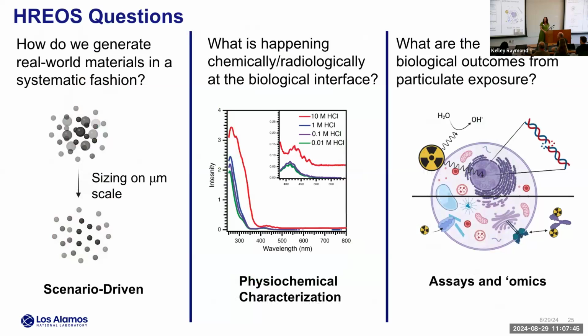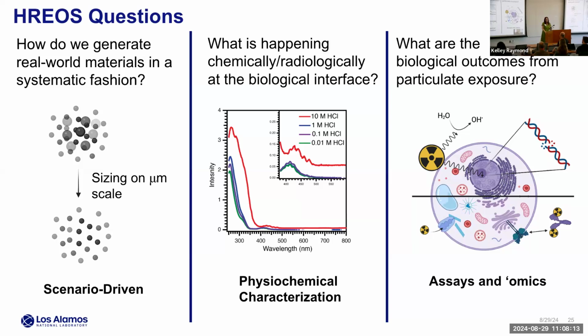Some other questions that we needed to address: how do we generate real world materials? And by real world materials, I mean ones that I hope you actually do not ever breathe in the real world. Fallout simulants, things like uranium and plutonium, other metals that can be in an event like a dirty bomb.